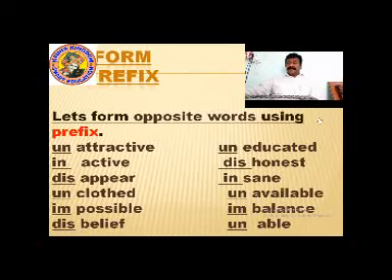When we say he is honest, to form its opposite by using prefix, what is the group of letters used prior to the word honest? Dishonest. Sane. What is the prefix added before it? Insane.